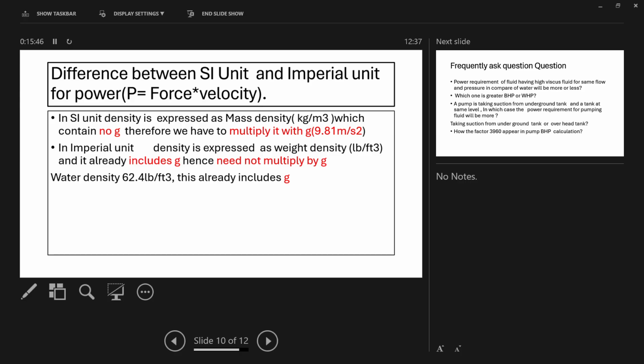So pump power is equal to Q, rho meaning density, G into H. Or in imperial units, density is expressed as weight density, pound per feet cube. It already includes G, already multiplied by G. Hence, there is no need to multiply by G. So for the empirical formula, it is Q into H into specific gravity, and there is no need for any multiplication with G. So that is the difference.